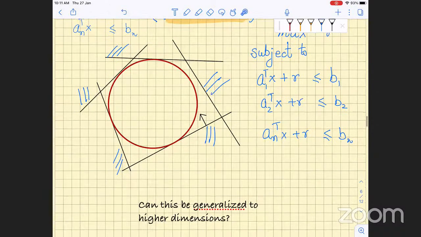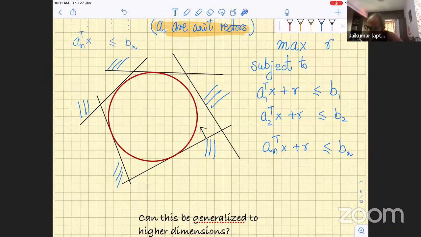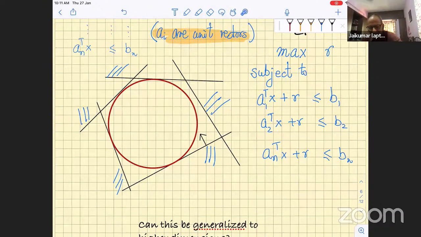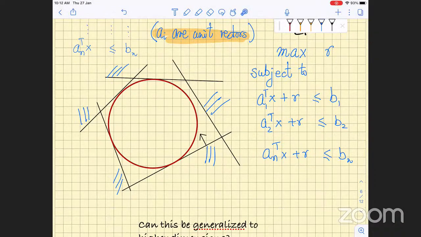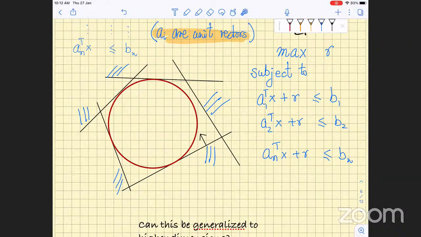Actually, it is trying to touch the maximum number of lines, right? The optimal disk. No, we are not trying to touch the maximum. We are trying to put the biggest circular disk. I don't think I understood your question. So what I'm saying is, whatever the optimal disk is, it will touch the maximum number of lines in this case, right?